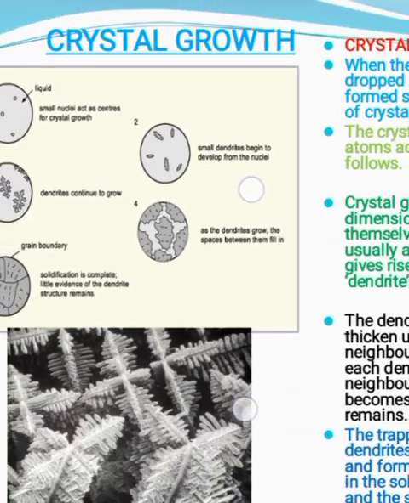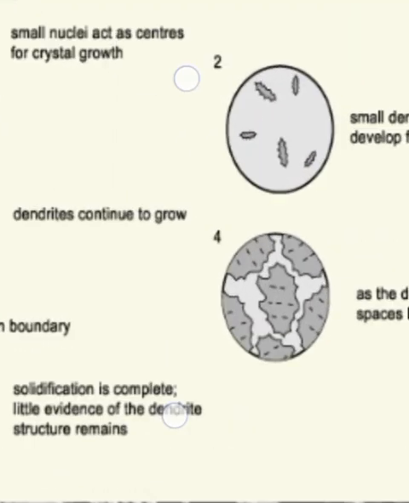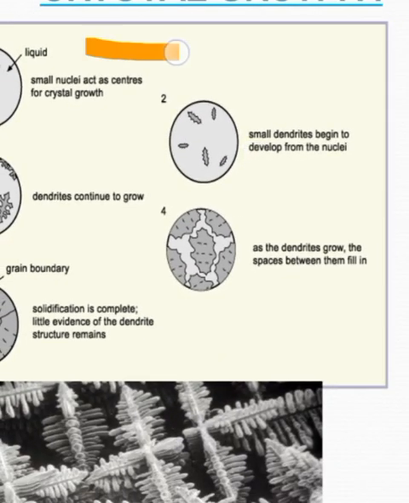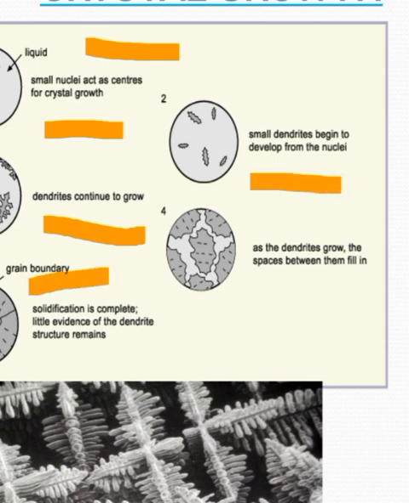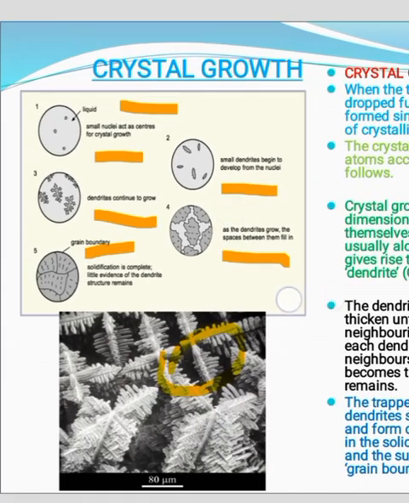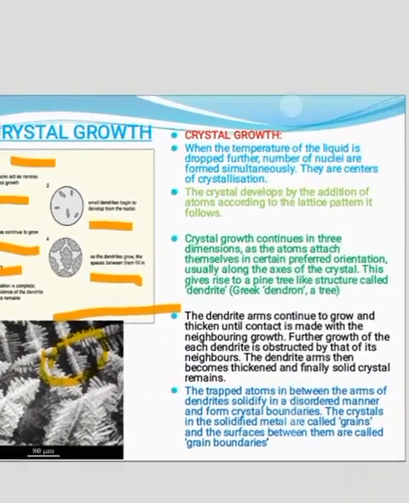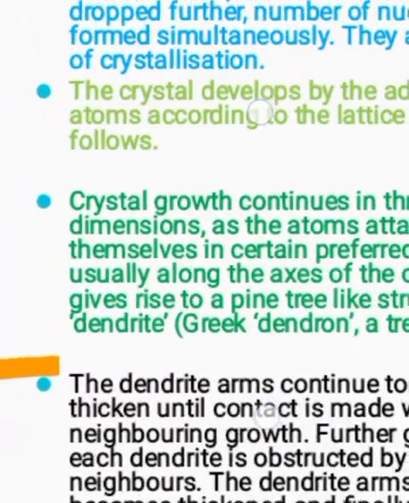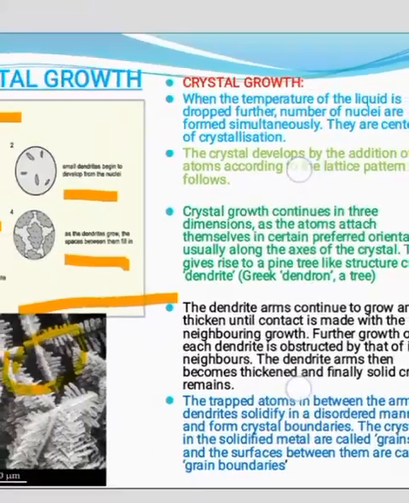First, crystal growth: in the liquid state, small nuclei act as centers for crystal growth. Next stage, dendrites continue to grow, forming grain boundaries and small dendrites. As the dendrites grow, the space between them fills. Here you see the structure. So, crystal growth.